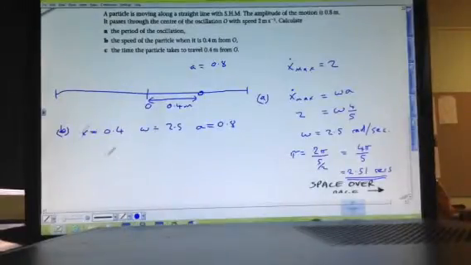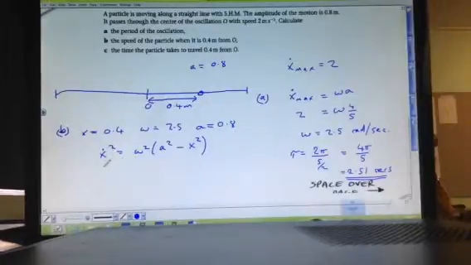If I'm after the speed, I don't worry about where I'm starting now. I just go straight to the formula: x dot squared equals omega squared times (A squared minus x squared). So x dot squared is equal to 2.5 squared, times 0.8 squared minus 0.4 squared.